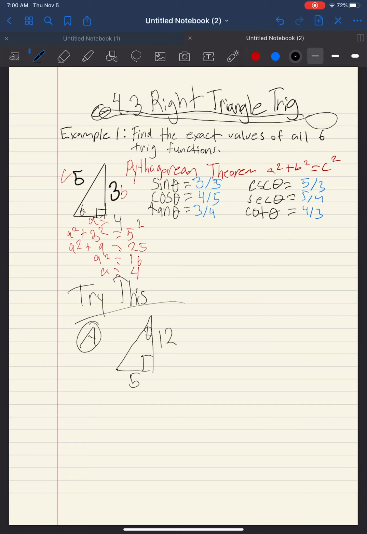So please take your time to do this, and once you are finished finding all the exact values of the 6 trig functions, so what I mean by that is find sine, cosine, and tan, and also find cosecant, secant, and cotangent.